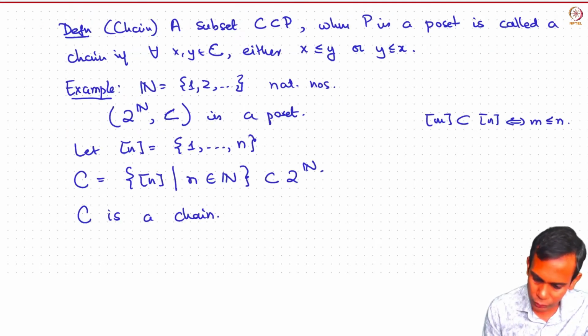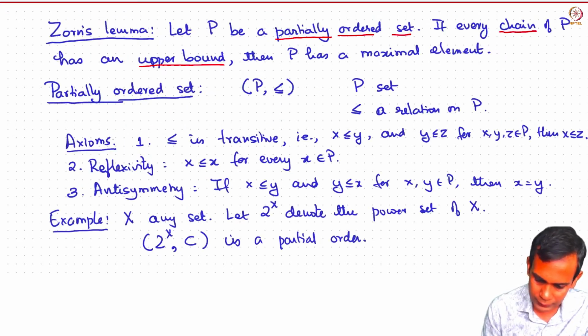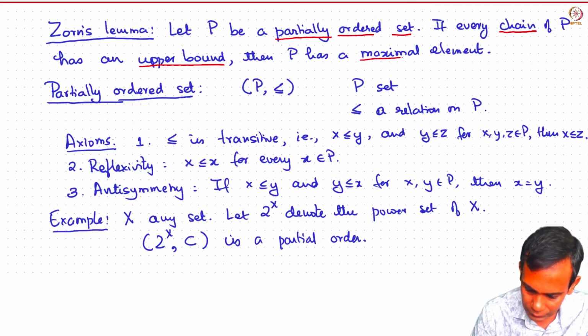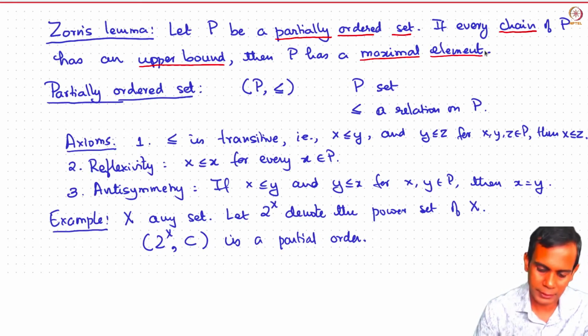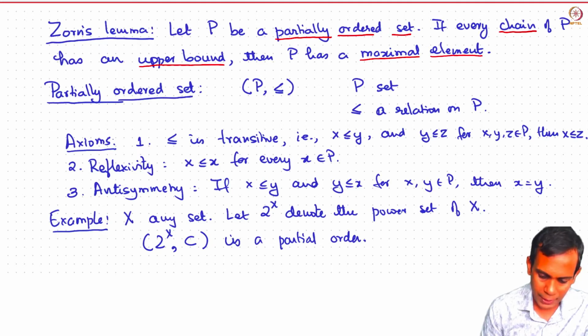Okay, so now we have also explained what is an upper bound, and there's one last technical term here, which is that of a maximal element. So what is a maximal element?